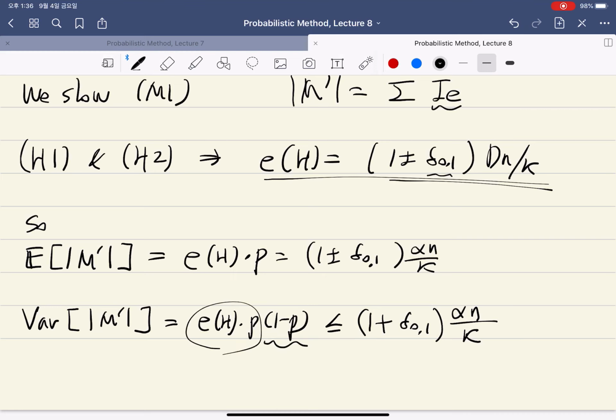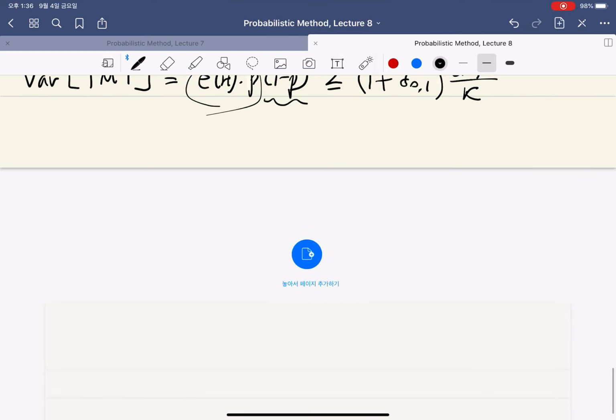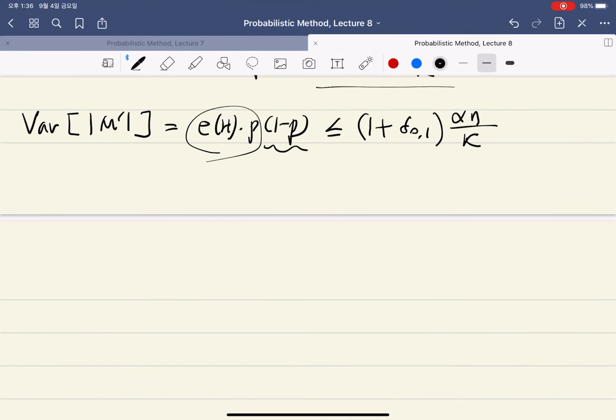So it's at most the size of this. So we get this upper bound. So now use Chebyshev.